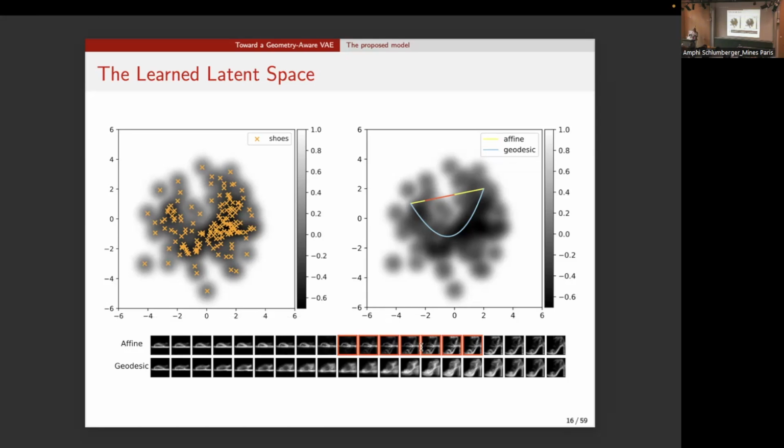So I don't think it would be interesting. But if you go along the geodesic, then at some point you really reconstruct shoes that look like shoes and that evolve slowly towards the good one, okay? So again, we were able to capture how the shoes are evolving somehow in this latent space.